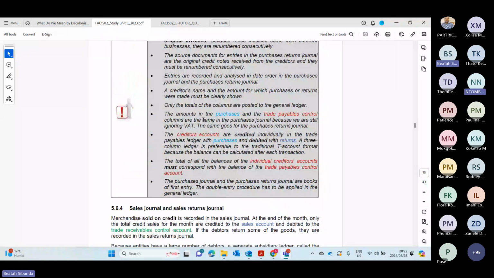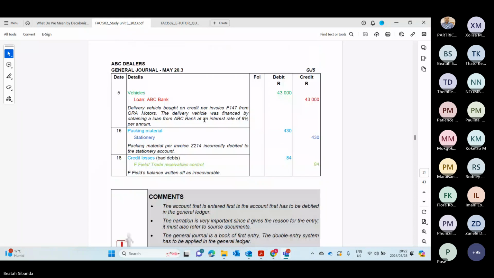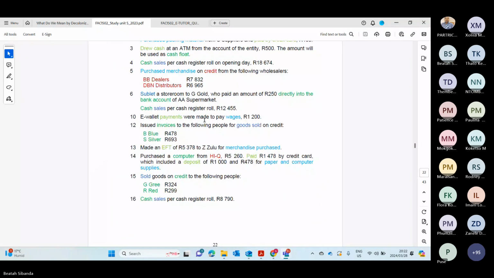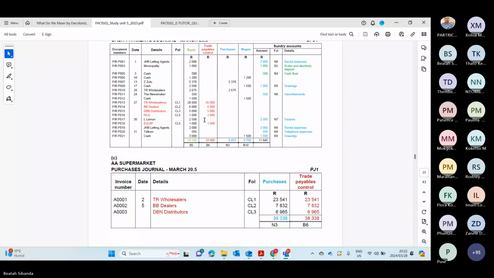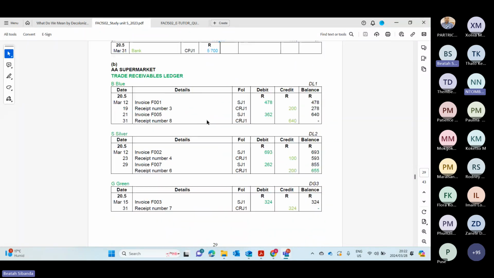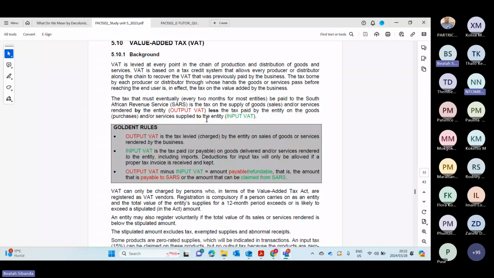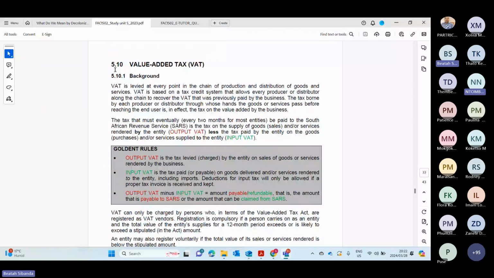Okay, so if you go down, yes, you can see the screen. I'm just scrolling down. Okay, so here from 5.10, it's not detailed because remember this module is accounting, it's not tax.